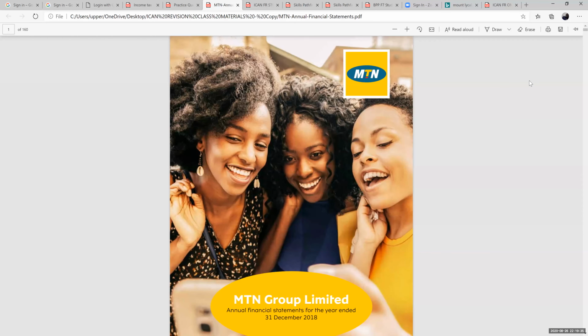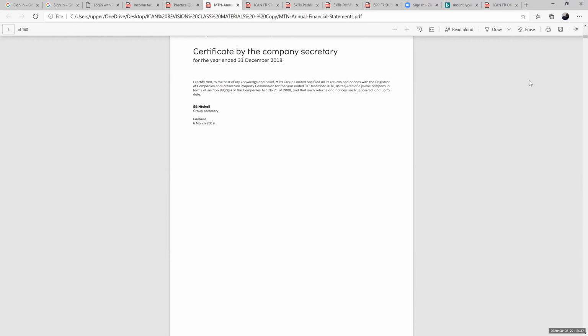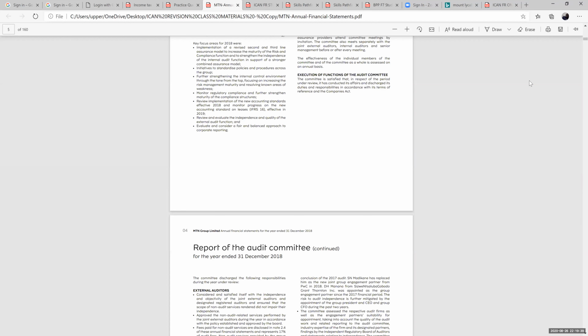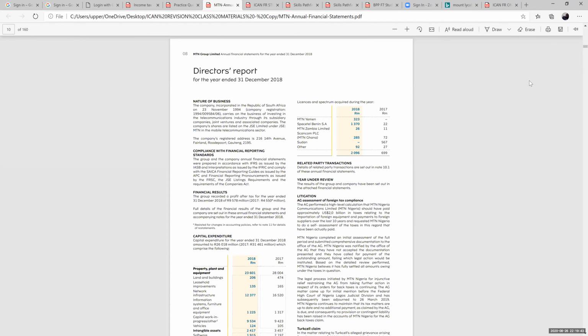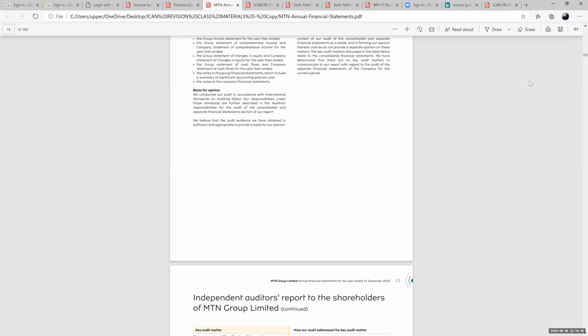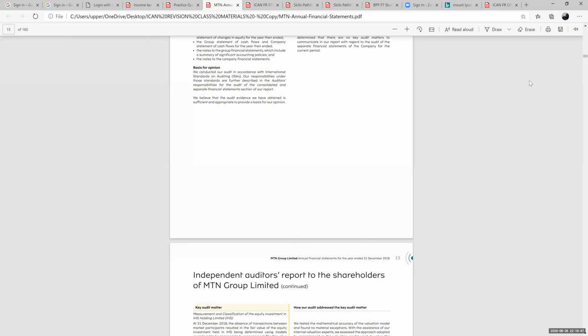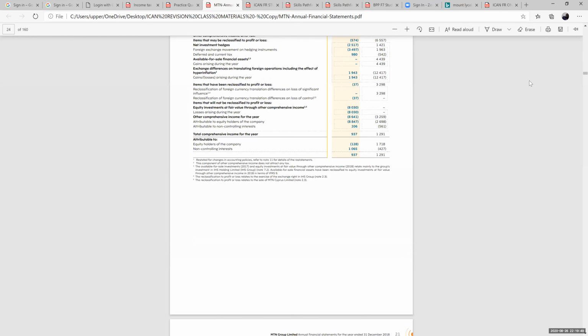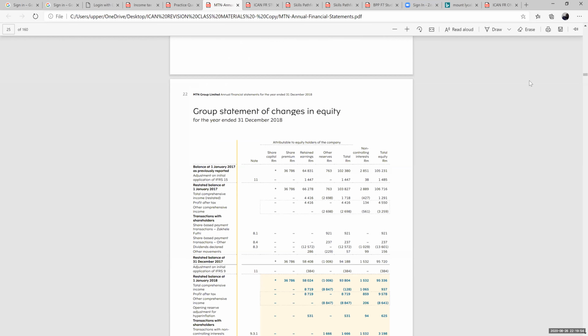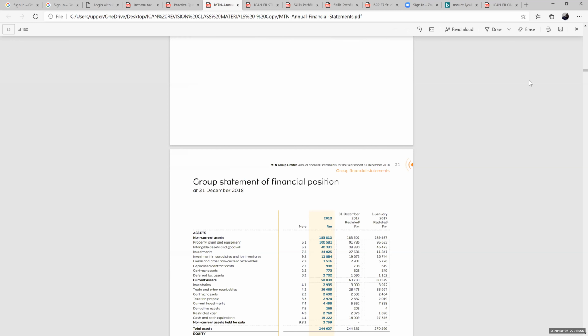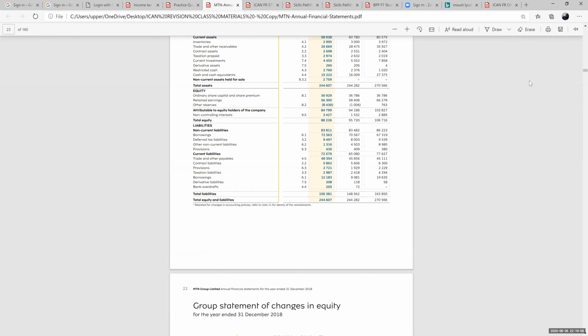In the disclosure of information, the income tax is on note. Let me try and check the notes. Income tax is on note 3.1.